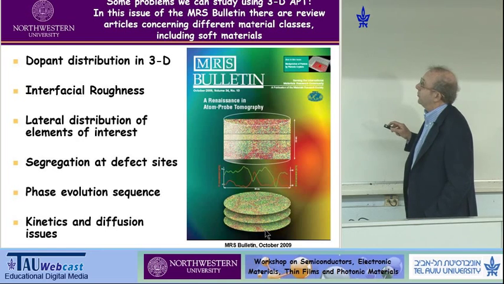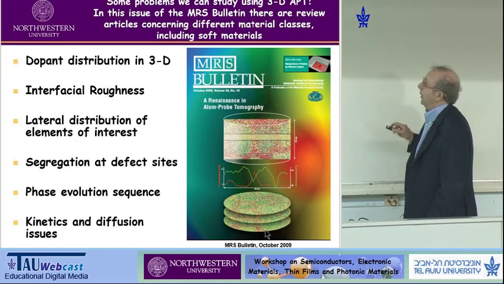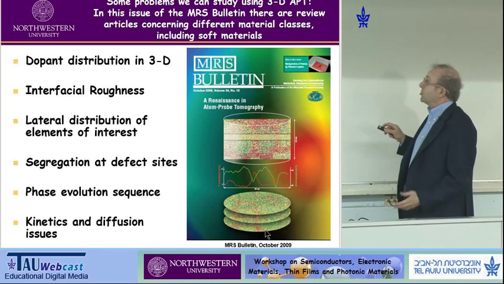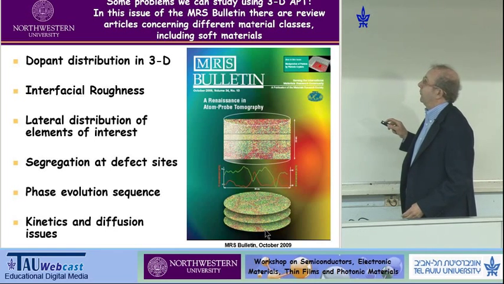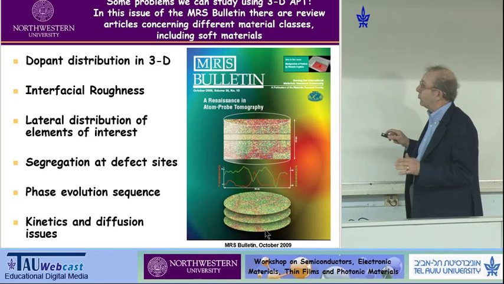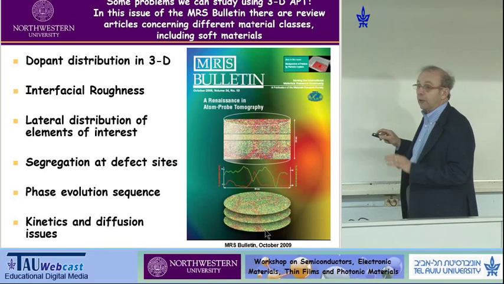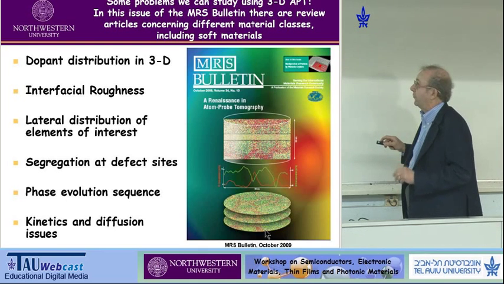Okay, this is the issue I mentioned to you. There are several articles in here, maybe 5 articles, covering all different materials classes, even soft materials. And you can measure things like dopant distributions in 3 dimensions. You can measure interfacial roughness. I won't talk too much about this. You can look at the distribution of elements laterally and in depth, as I'll show you.